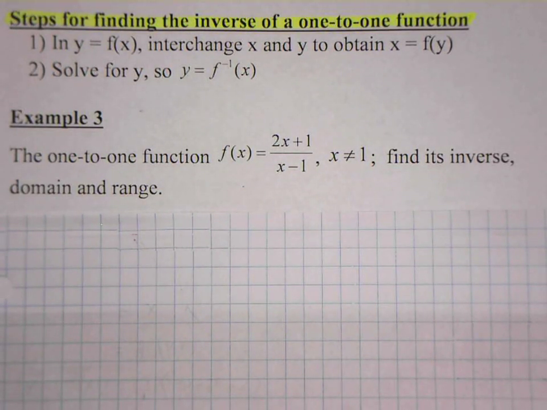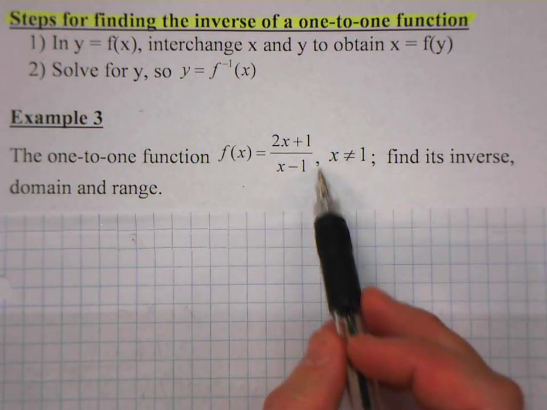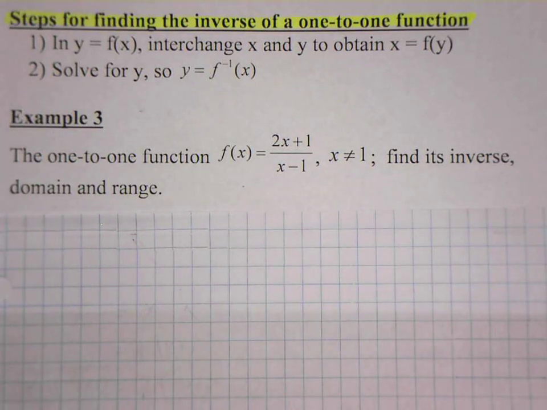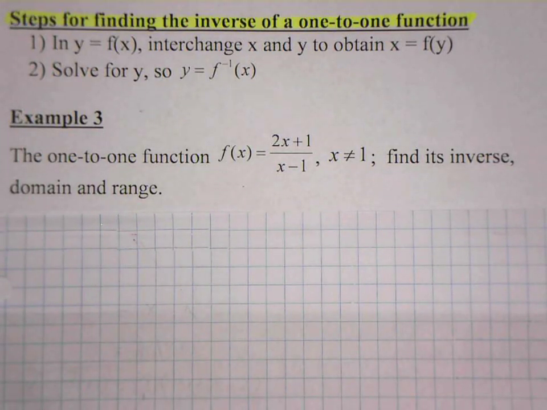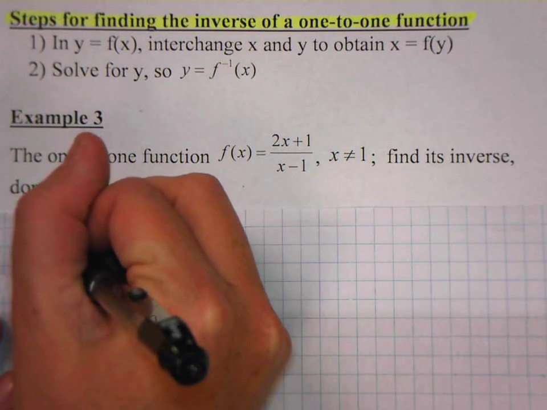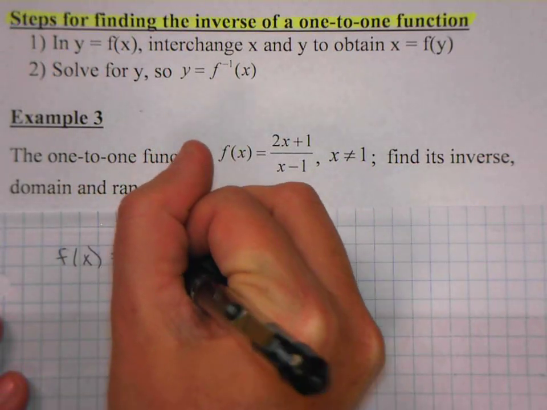The restriction here that x cannot equal 1 is because it would make our denominator 0 and the function undefined. So we're supposed to find its inverse, the domain and range. It doesn't say that we need to graph. So I would start by finding the inverse, maybe just writing on my paper what the function is that we're starting with, since I don't have that on my paper yet.